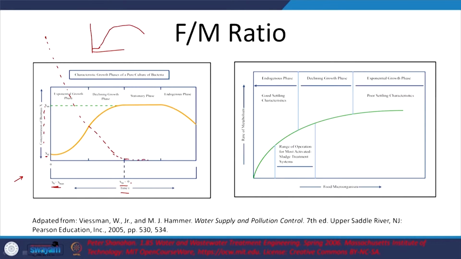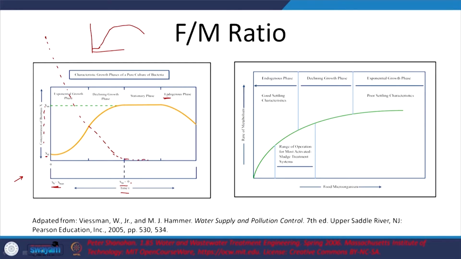Here we have endogenous respiration, right, stationary phase and endogenous phase, as in the cell mass of the relevant microbes are being consumed, let us say, for the microbes to be able to survive, let us say, endogenous respiration. So, that is one aspect to keep in mind. Here though is that as bacteria die, or I think bacteria reach this endogenous phase, they give out a slime layer.